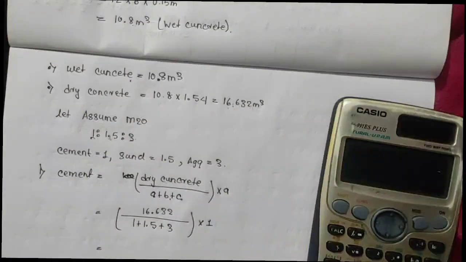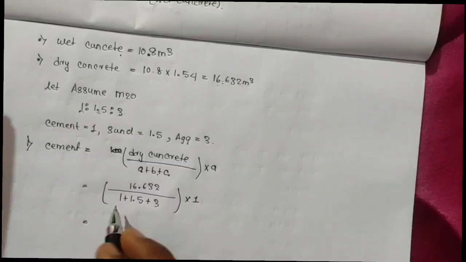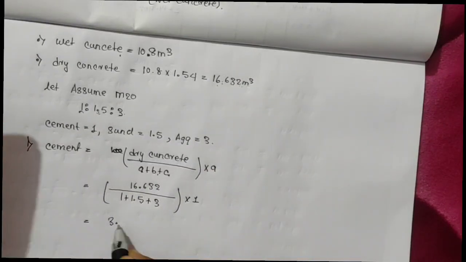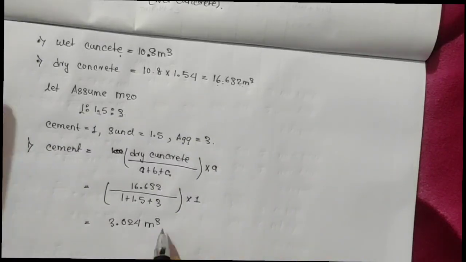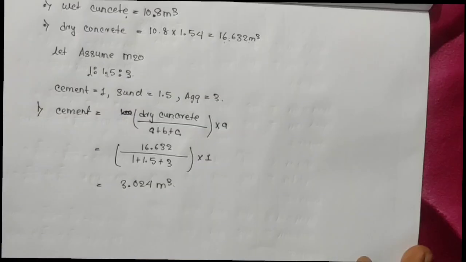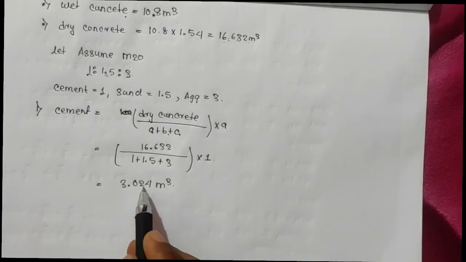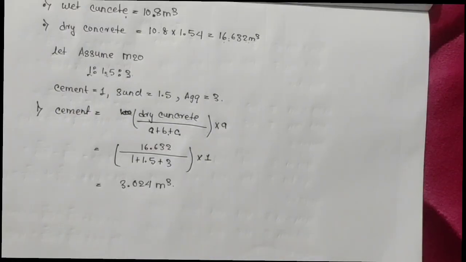Let me calculate the quantity. It's 3.024 meter cube. So we have to multiply by the density of cement.